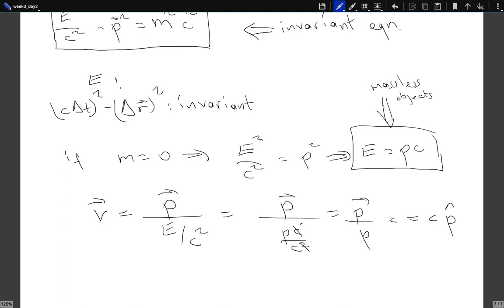Why? Why should it be so? You see, the photon is not accelerated. Well, if it changes direction, it is accelerated, but one of you were asking, if you create the photon, doesn't it start from rest and accelerate to the speed of light?